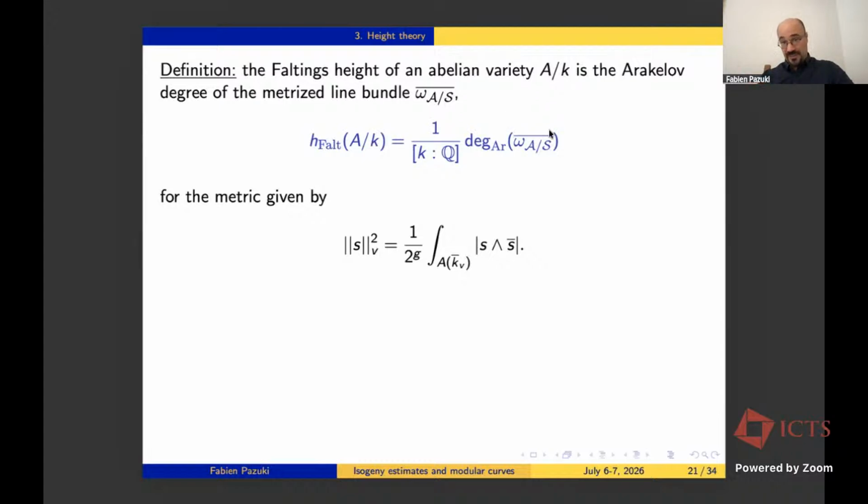However, as you've seen before, we need to metrize. So we need to define some metric to measure the size of sections. So the metric that is taken is a rather natural one, the L2 metric. So here it is. S is identified with a wedge product of dimension g of elements of the differential forms, because this is the line bundle we look at.